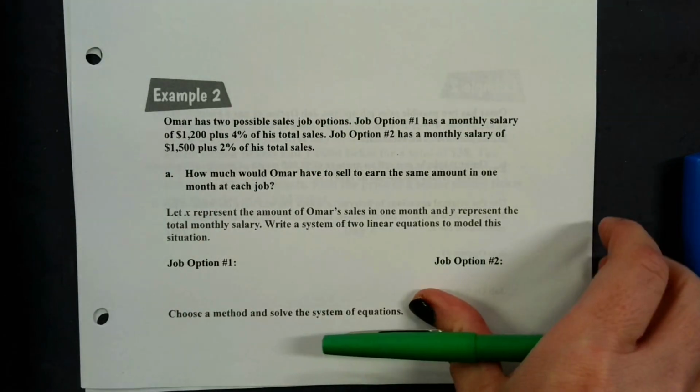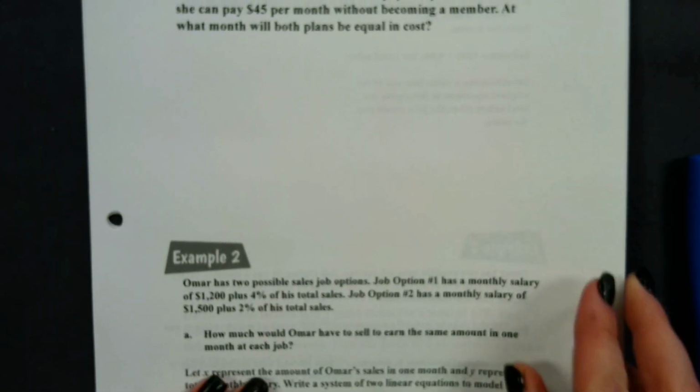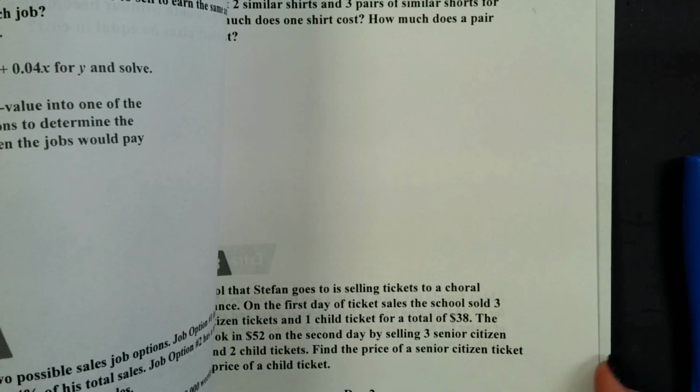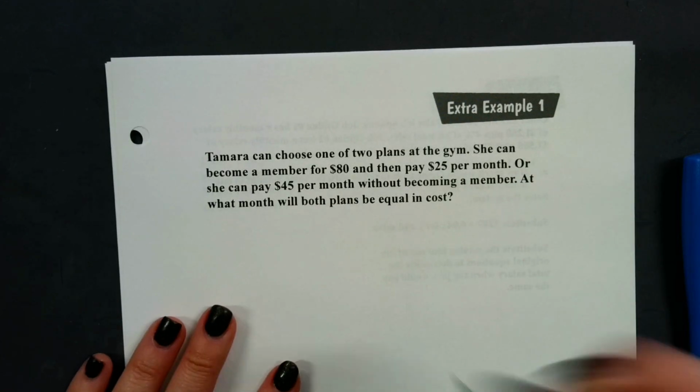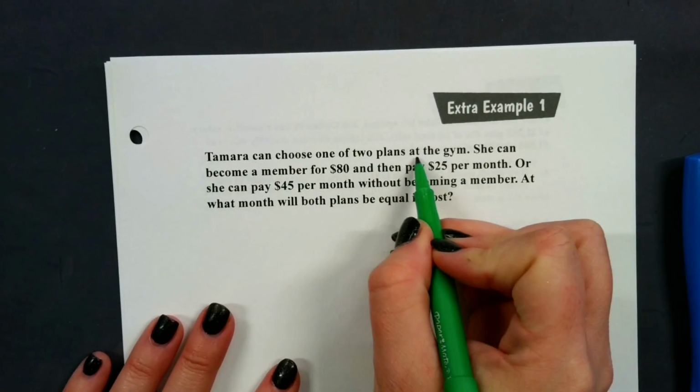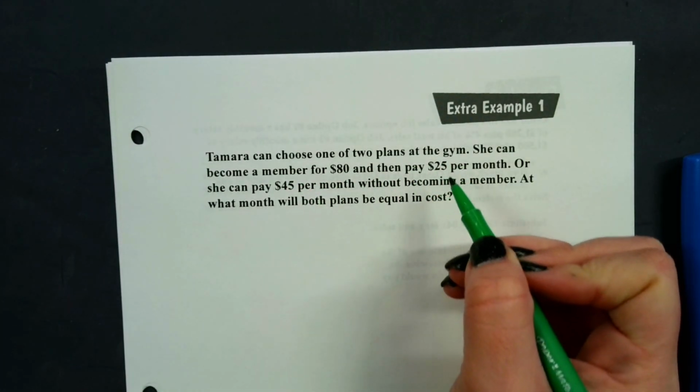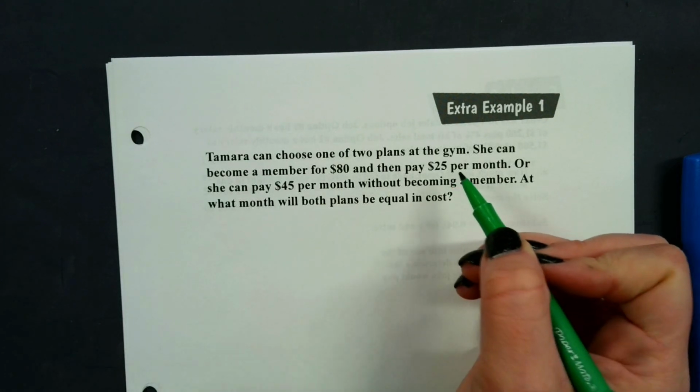All right, let's go to the top of the next page. I want you to just see if you can write up what it's saying. Tamara chooses one of two plans for the gym. So we're just switching from cell phone plans to gym plans.